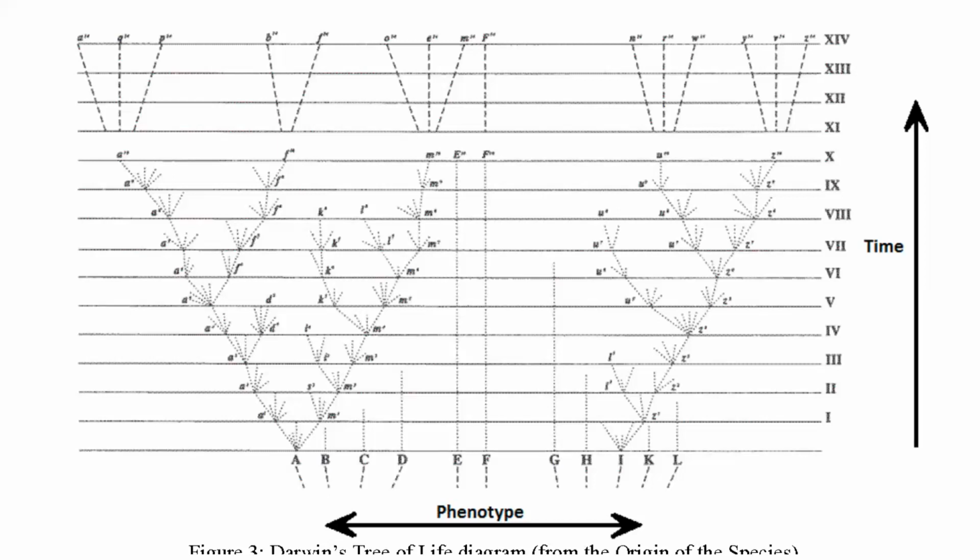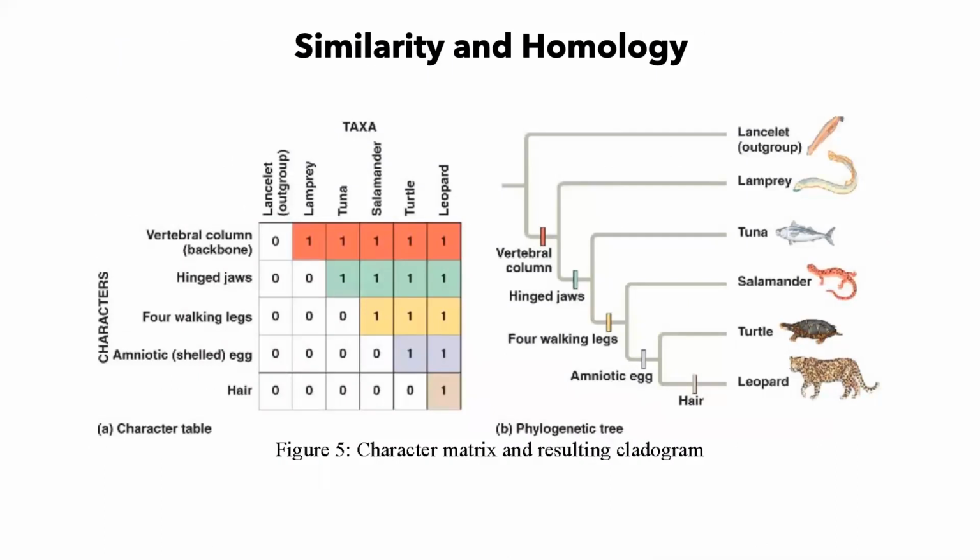Okay, so I think this gives us a nice example of how to visually think of this tree of life, of the evolution, and to understand how we measure the relationship. We can look at homology, or similarity. So for example, here you can see different properties of these organisms and how the relationships between them are defined by these specific properties.